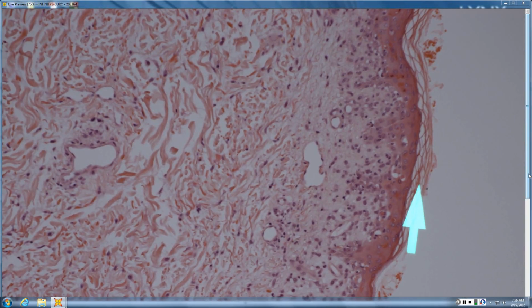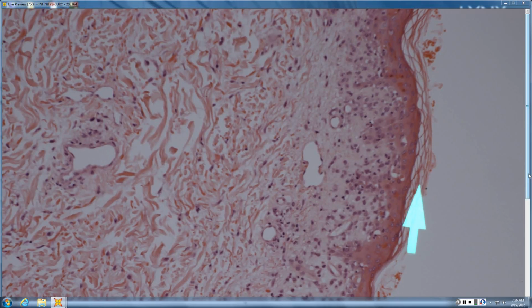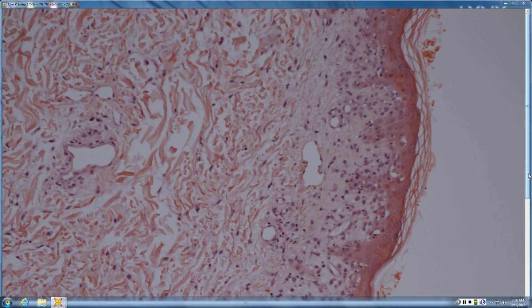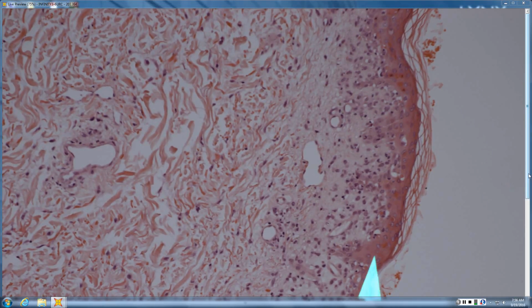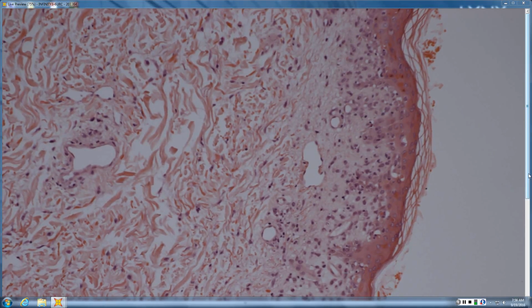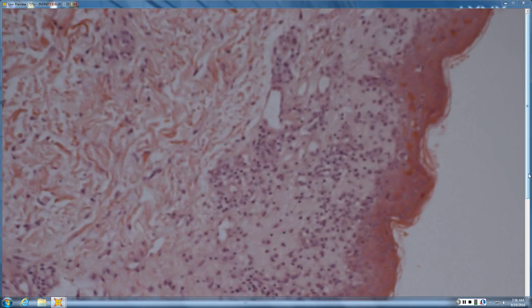So, pretty acute process, interface, lots of dead reds all over the place. Maybe like a lichenoid graft versus host? Lichenoid GVH usually has a subacute horn, and usually some background disorder and atypia of keratinocytes, but it's an excellent thought.